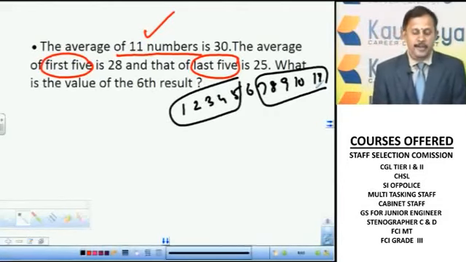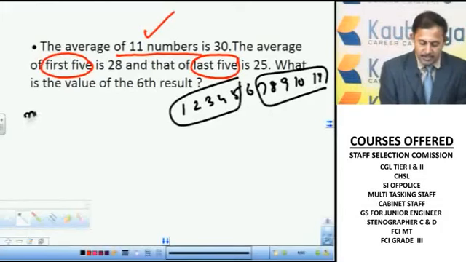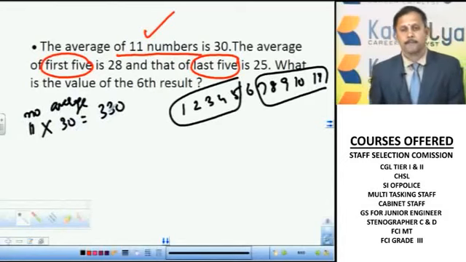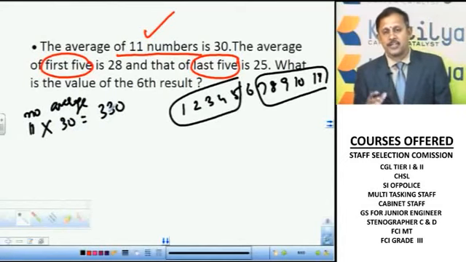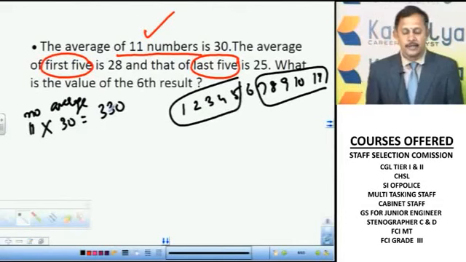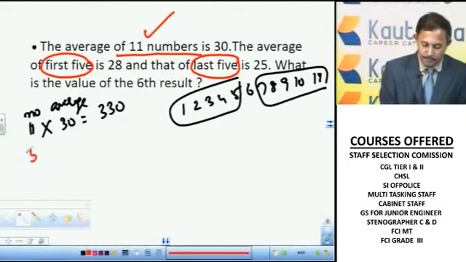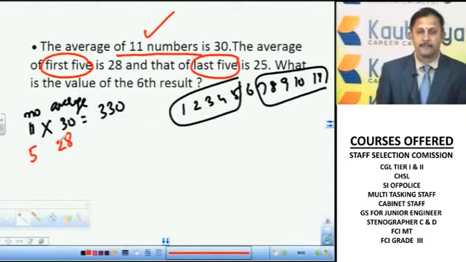So if you go for a detailed calculation, the number of elements is 11 and their average is given as 30. So number into average, that gives the total value 330. Next, for first 5 elements, the average is given as 28.